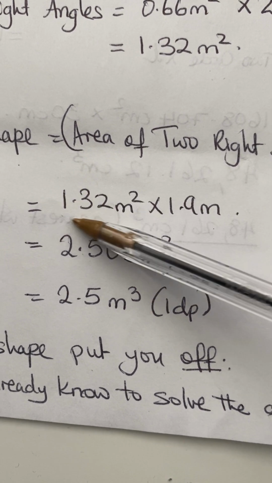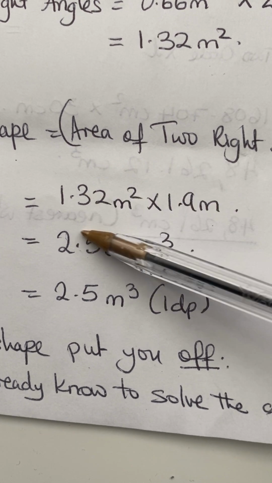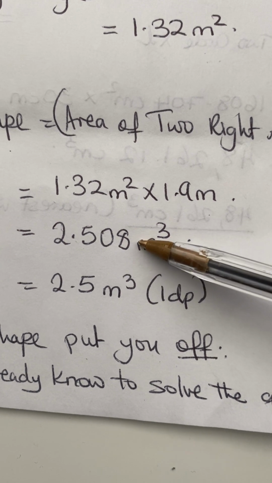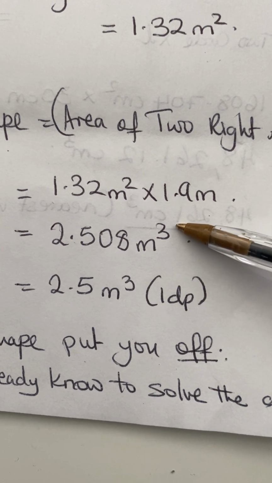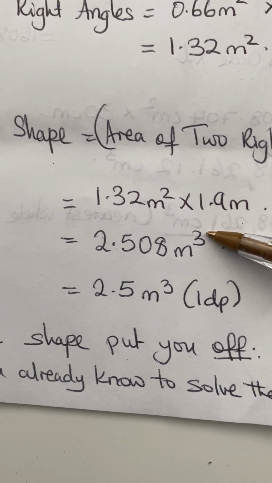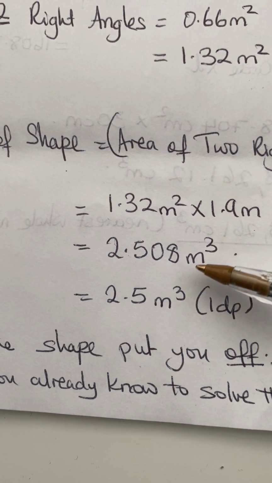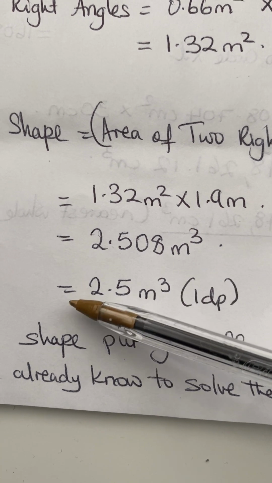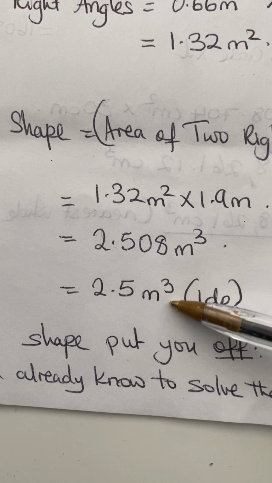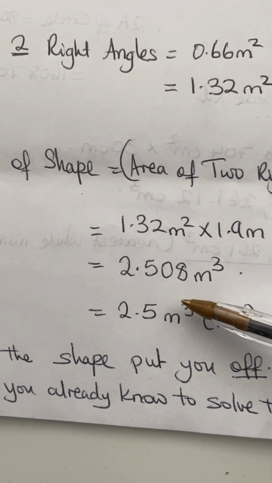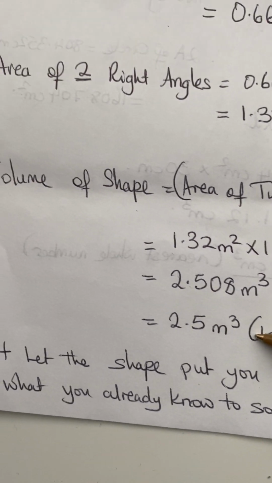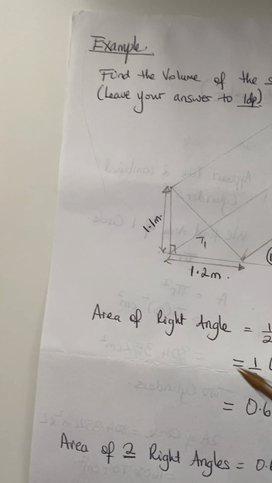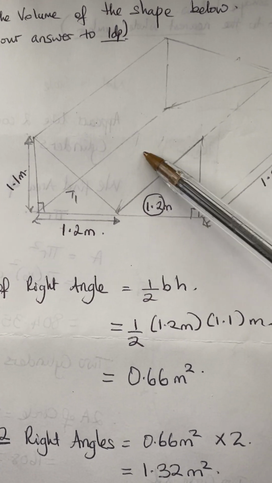When you multiply correctly again on your calculator, you have 2.508 meter cube. That is the volume. Now to 1 decimal place, you have 2.5 meter cube. So 2.5 meter cube to 1 decimal place is the volume of this shape.